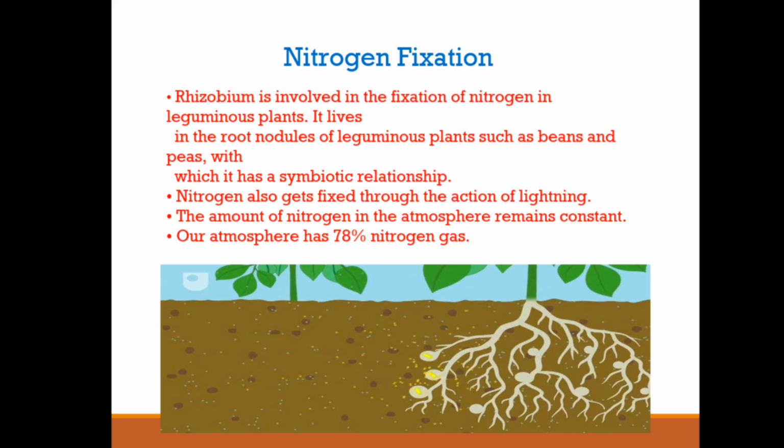In these root nodules live rhizobium bacteria, which fix atmospheric nitrogen for leguminous plants, that is plants of peas, pulses, beans, etc., thereby making the soil nitrogen rich, and this nitrogen rich soil provides atmospheric nitrogen in the form of nitrite and nitrate to the plants.